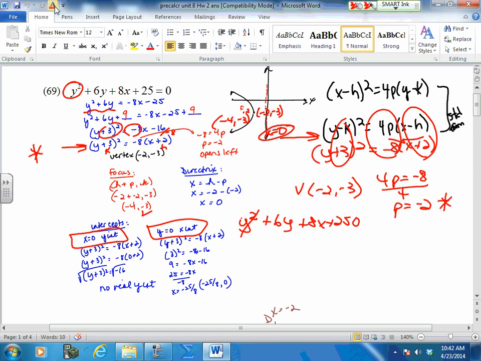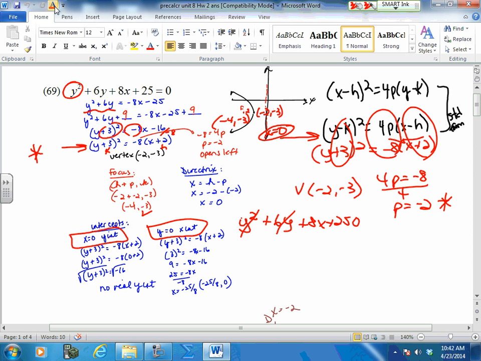Y equals 0 would take this out and take this out, and you have a nice little equation to solve. It's up to you. I would really not do the x equal to 0 because then you're going to get a quadratic that, if it's not factorable, you have to use the quadratic equation, which is too complicated. Come back down here to your standard form and plug it in here.